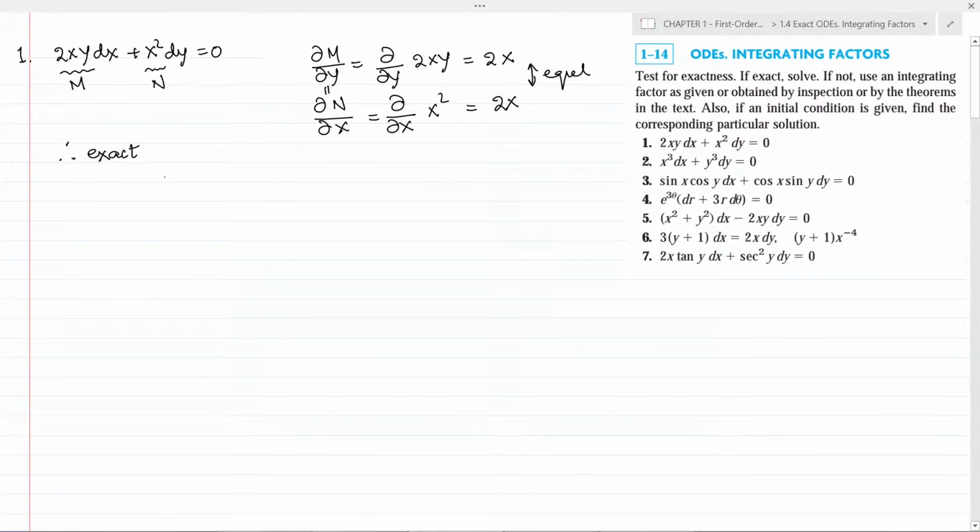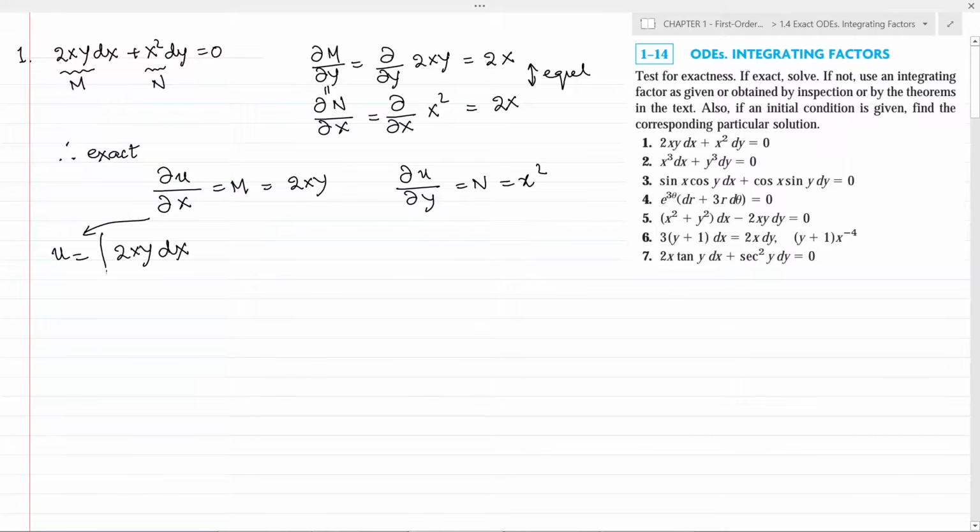Now, we have to find a function u such that del u by del x equal to M, or 2xy, and del u by del y equal to N equal to x square. From this first equation, we have u equal to integration of 2xy dx plus k of y.